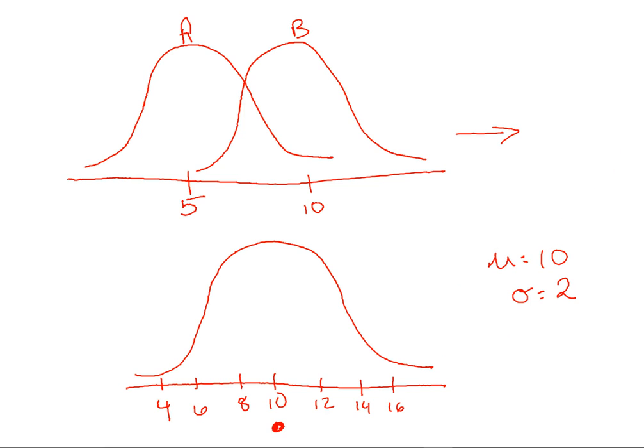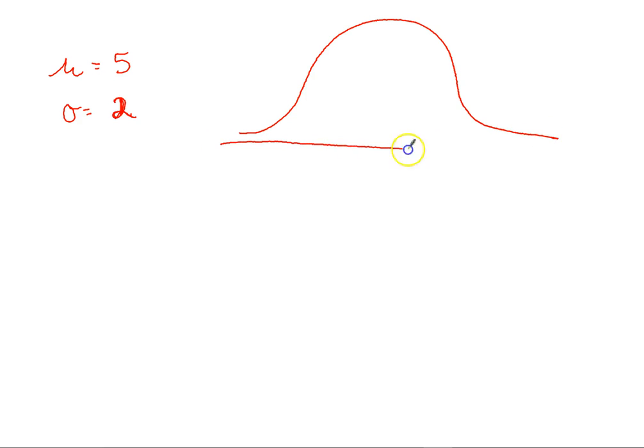You might be given the mean of, let's say, 5, and the standard deviation of 1, or even 2. Let's say 2. Standard deviation of 2. So we want to draw our curve and in the middle of it is where our mean is, and then we go to the right and add the standard deviation.